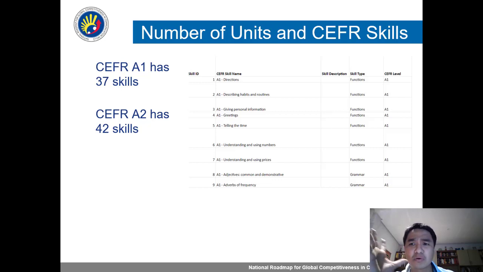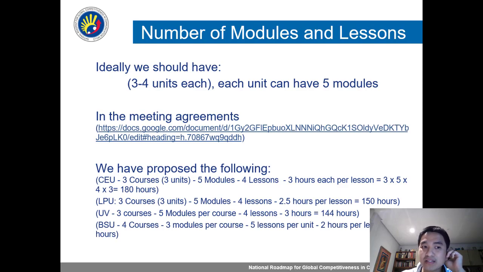Okay, so what have we discussed so far in previous meetings? Well, we discussed that generally this is what we will have. Per school, for example, CEU said they will have 3 courses. So this can be English 1 or Intermediate English 1, Intermediate English 2, Intermediate English 3.